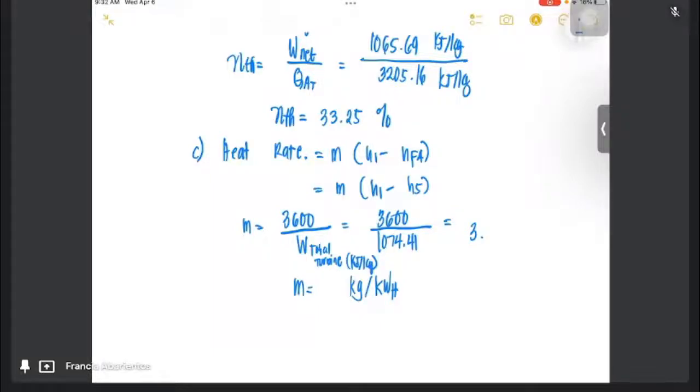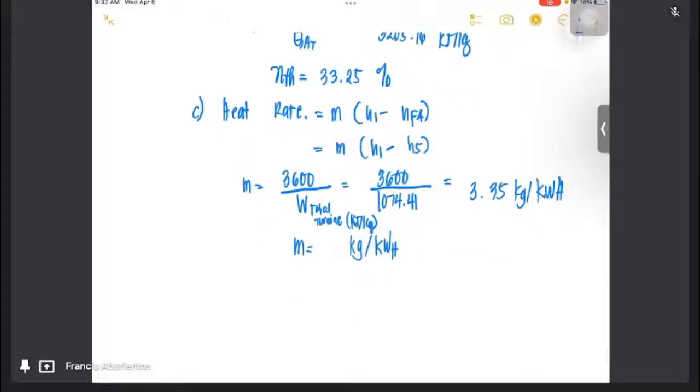Double check. 3.35 kilogram per kilowatt hour. And finding the heat rate, this is what the problem calls the heat rate. So we have the mass, 3.35 kilogram per kilowatt hour.